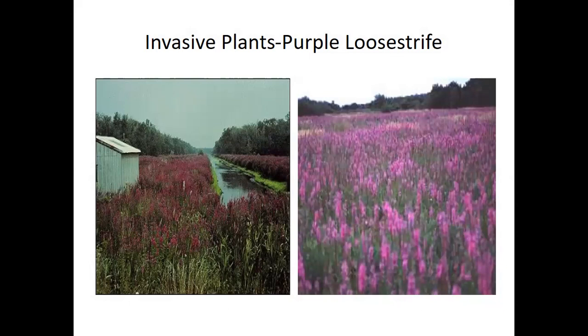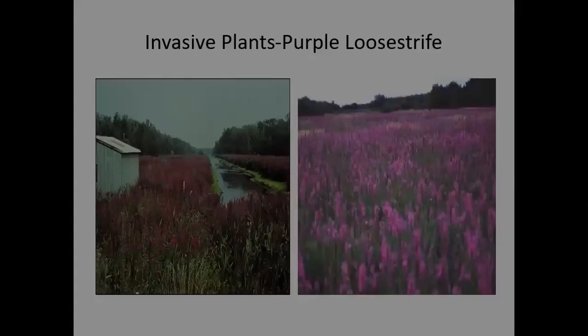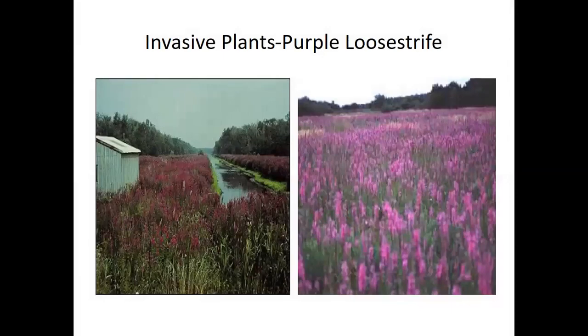Not much of a problem here in North Georgia, but up in Tennessee and Kentucky, it is a problem. I'm aware of some issues around the Nashville area with purple loosestrife. It was brought into this country for its ornamental qualities. Nice garden plant, but highly invasive.